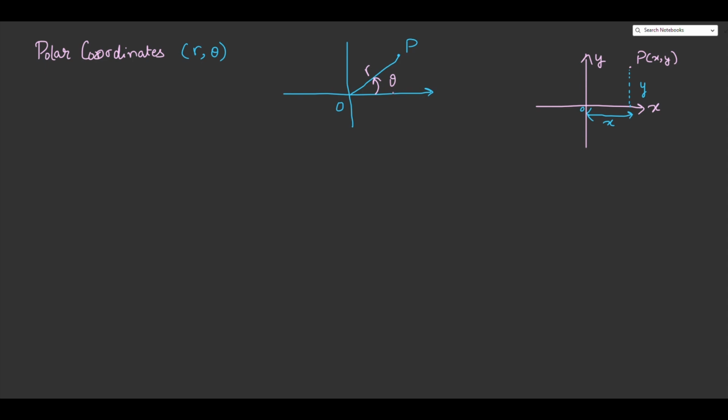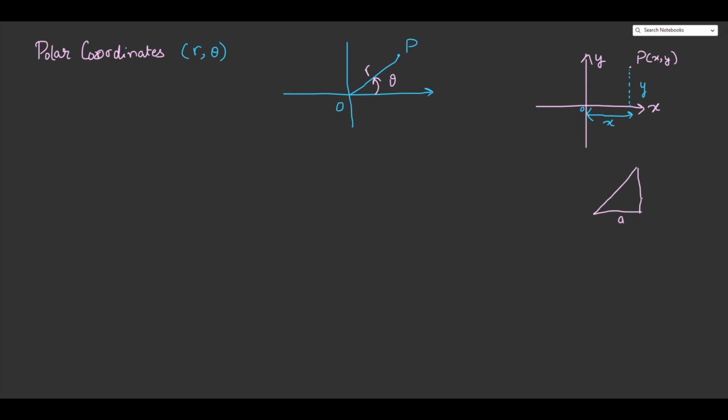The next thing you need to remember: how do we find them? For example, from the Pythagoras theorem, if you remember, that's our right angle triangle.